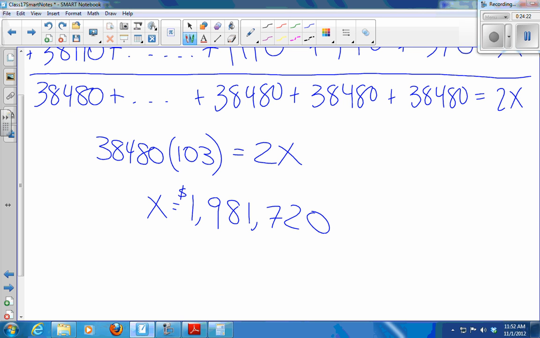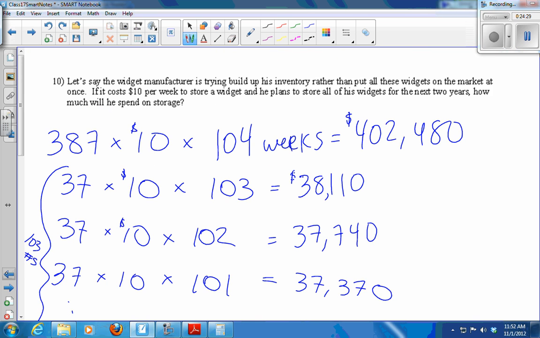1,981,720 plus the initial. So that's how much for the widgets that we are creating each week. Plus we have to add this 402,000 for our original 387 widgets.